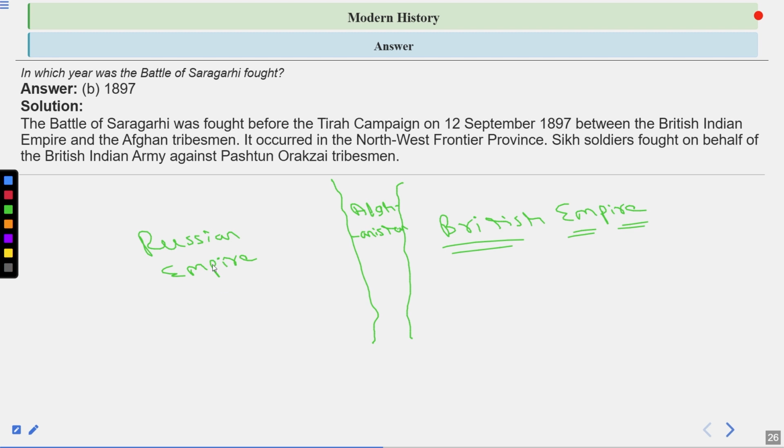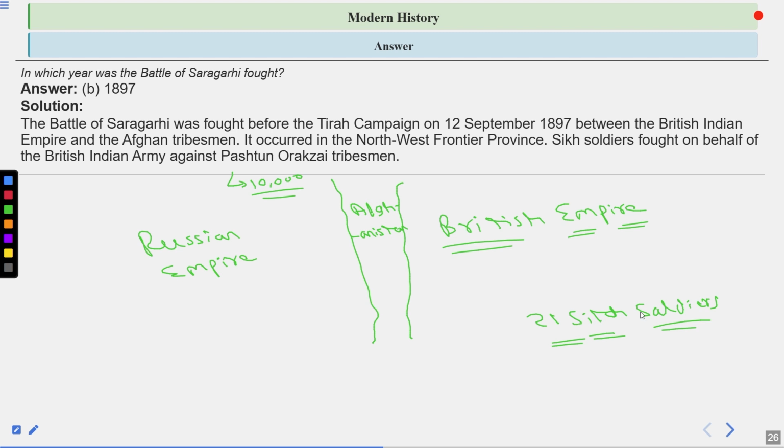And in order to hold the Russian Empire for long, it was necessary that the British must have control over Afghanistan. So that's why the British established various checkposts, and Saragarhi was one of the checkposts where 21 Sikh soldiers were holding the position when 10,000 Pashtun Orakzai tribesmen attacked Saragarhi.